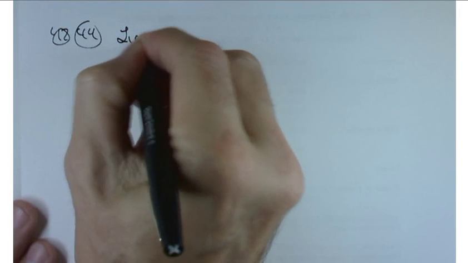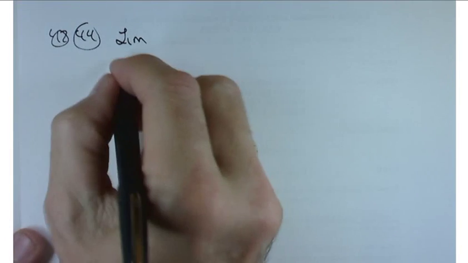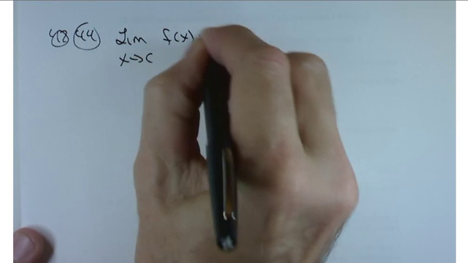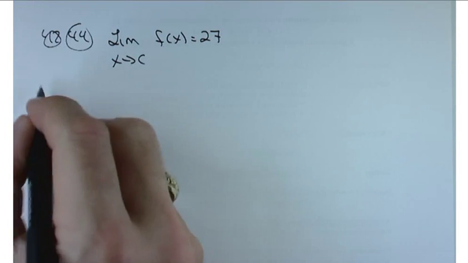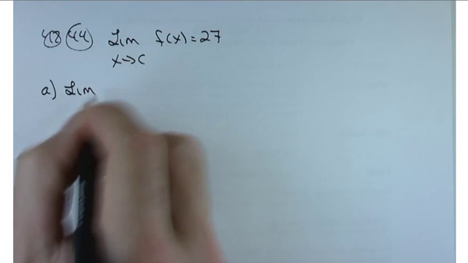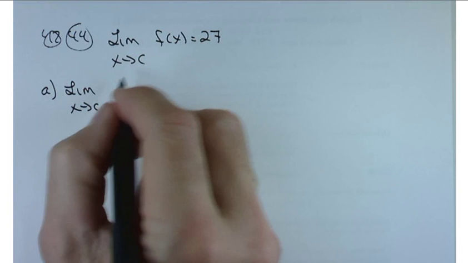Problem 44, the limit as x approaches c of f of x is 27. Like the last one, there's 4 different problems that we need to calculate. Part A is the limit as x approaches c of the cube root of f of x.